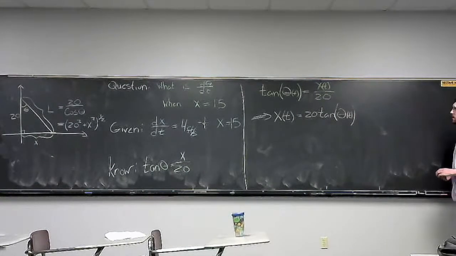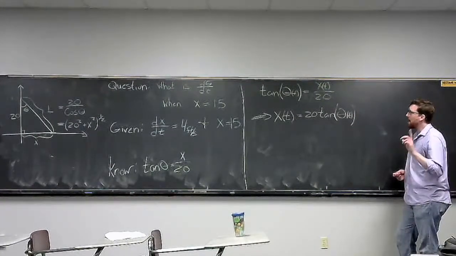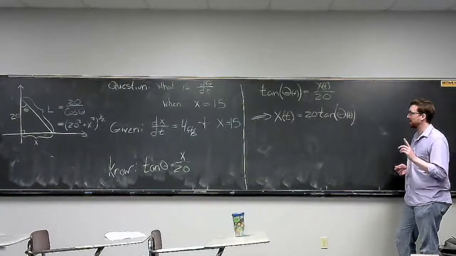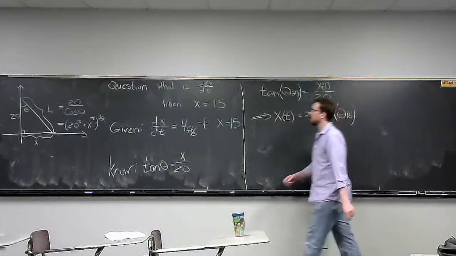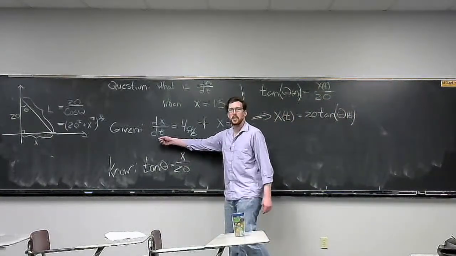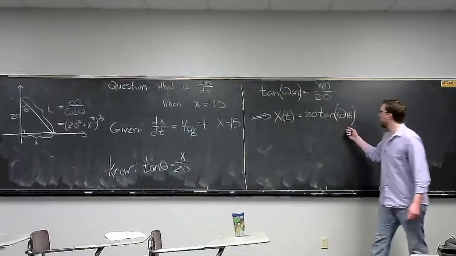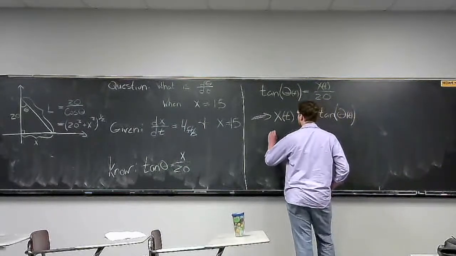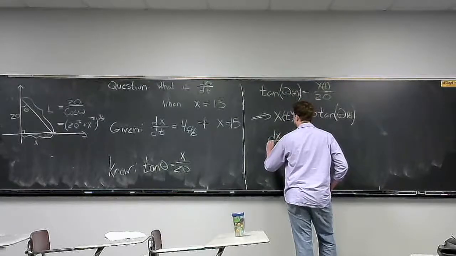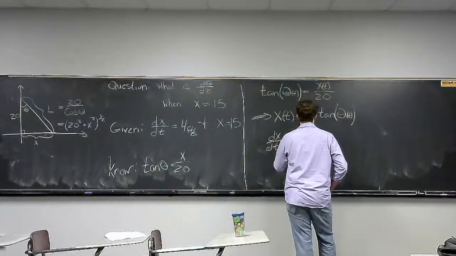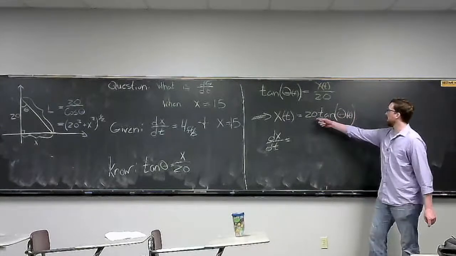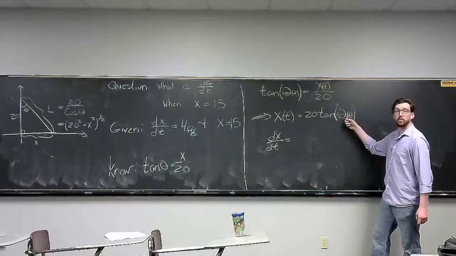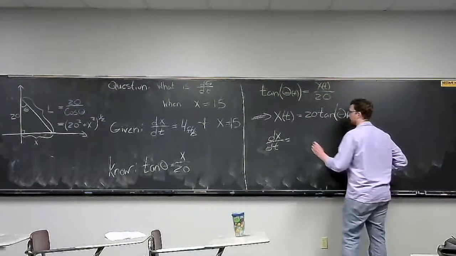Okay, how does that help us though? Well, it helps us by recognizing that we're given dx dt. So taking the derivative of this whole thing is going to give us dx dt is equal to, the derivative of all of this is going to be 20 times secant squared times the derivative of theta with respect to time.